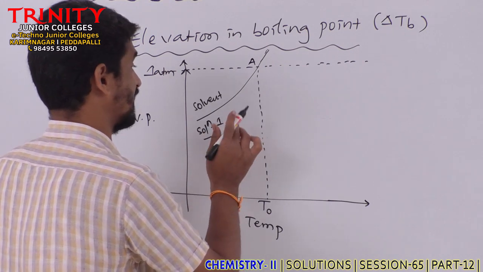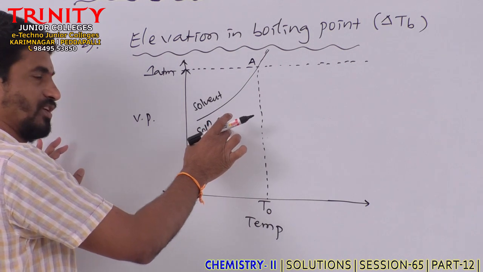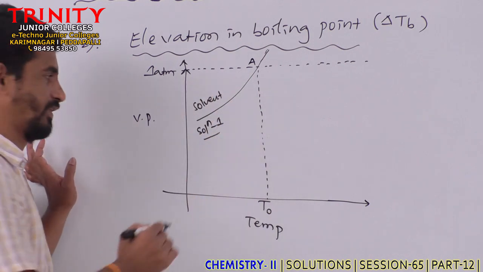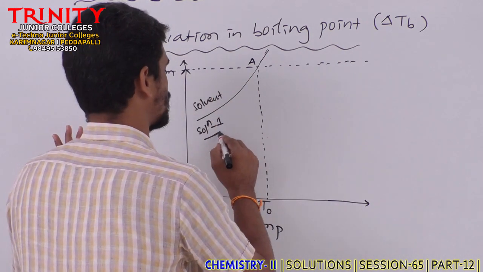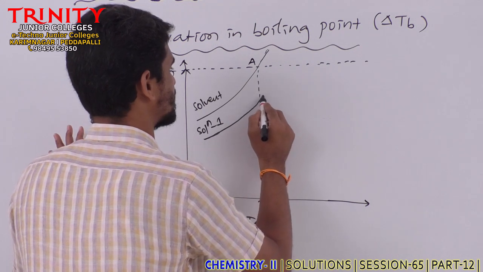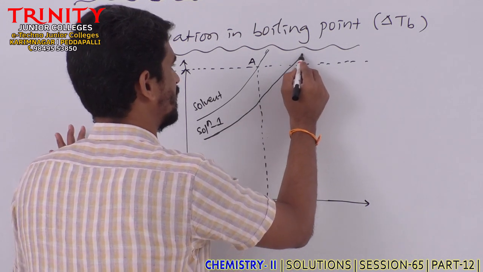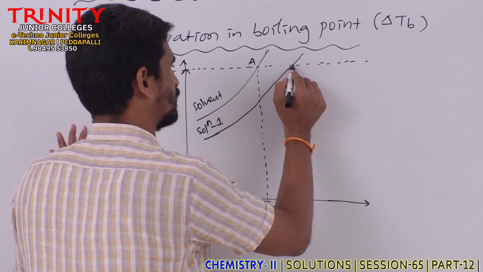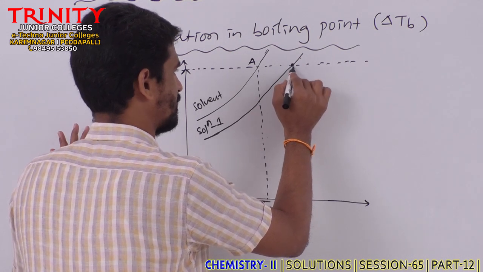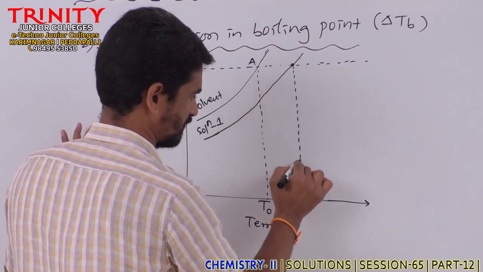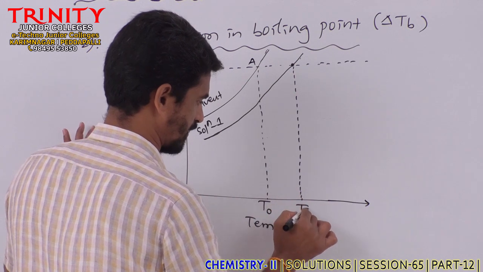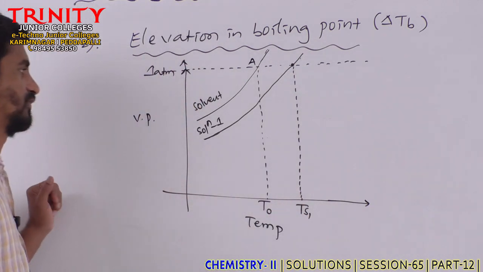The vapor pressure of a solution is always lesser than the vapor pressure of the solvent. The vapor pressure of the solution increases with the increase in temperature, and then it crosses atmospheric pressure at this temperature, which is called the boiling point of solution 1.